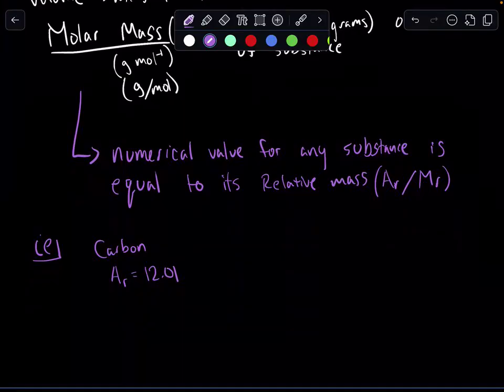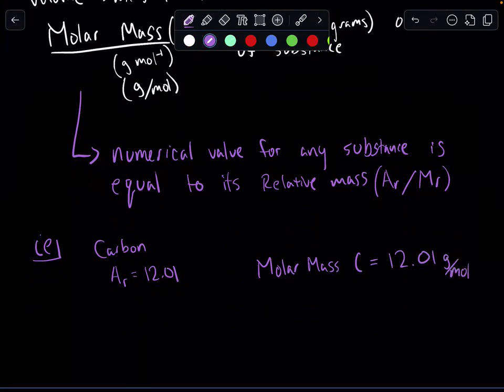Now, 12.01, you'll notice there are no units because relative atomic mass is a unitless value. If I were to get the molar mass of carbon, it would also be 12.01 with the units grams per mole.